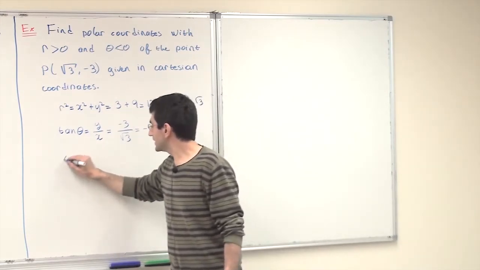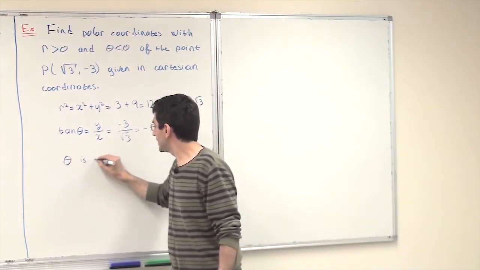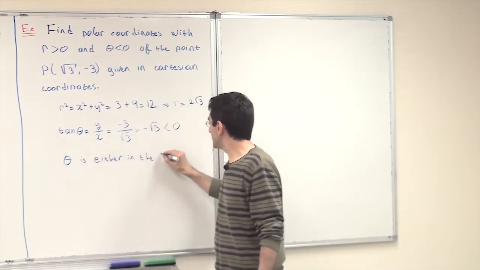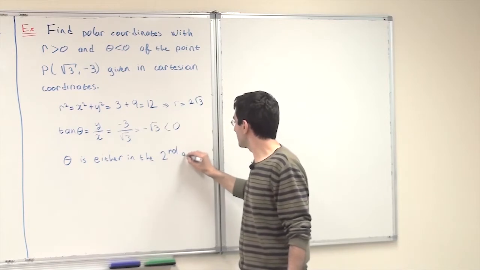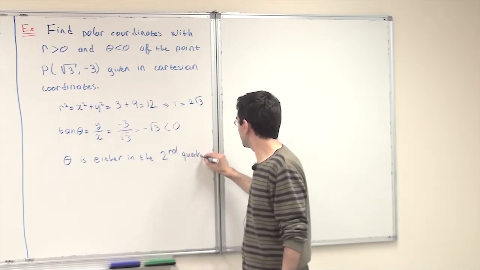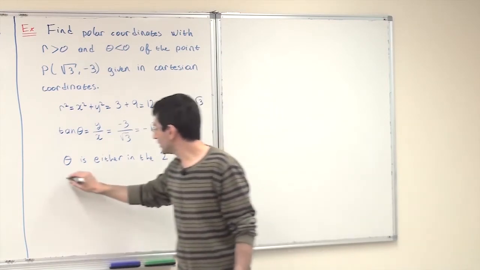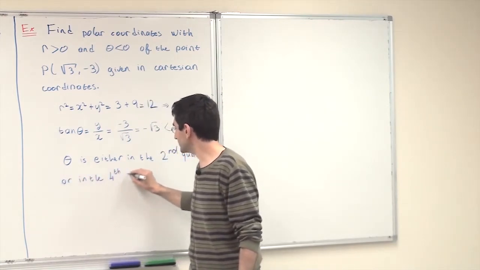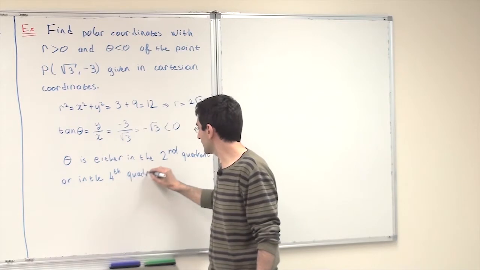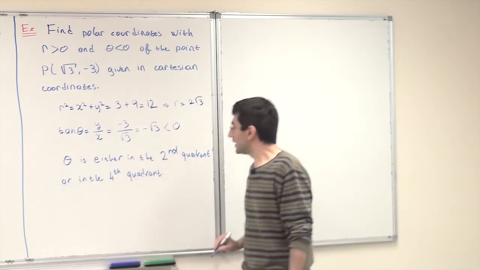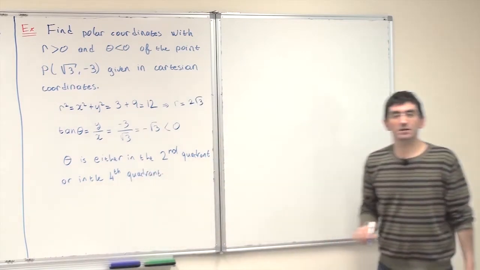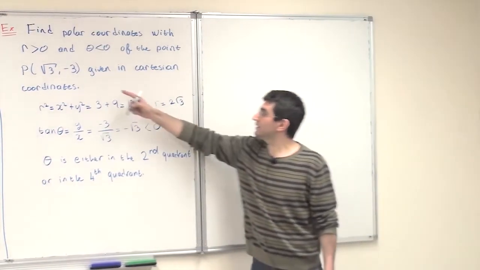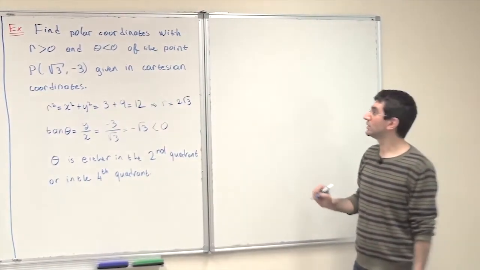So this means that theta is either in the second quadrant or in the fourth quadrant. And to be able to make a correct choice for theta, it's better we find the location of this point on the plane.